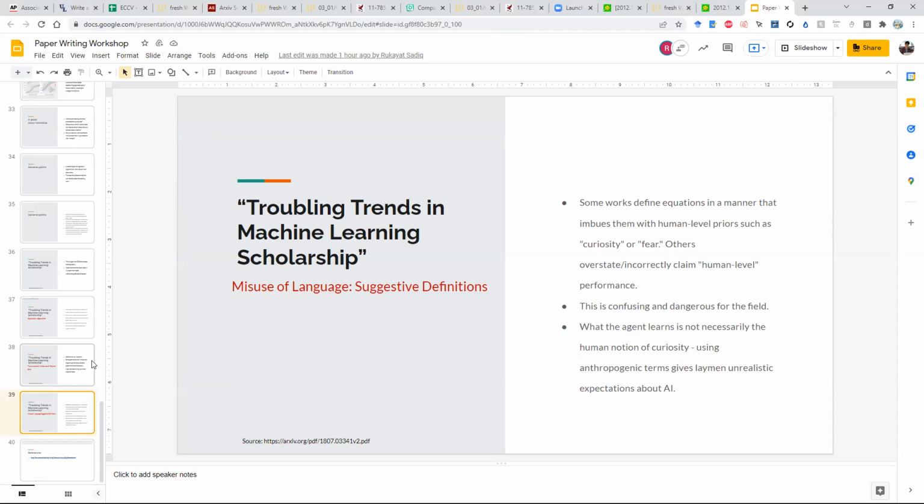In RL, there's a series of papers that talk about curiosity-driven learning. And the reason they frame it as curiosity is that as part of their reward function, they reward the model for getting to places that they haven't been before.